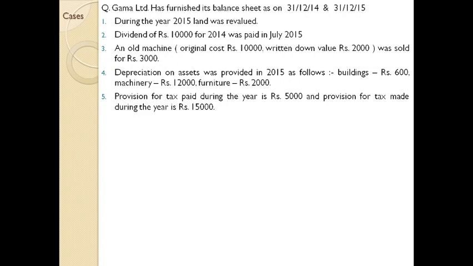And finally, provision for tax paid during the year is rupees 5,000, and provision for tax made during the year is 15,000. You are asked to prepare the fund flow statement of the company.